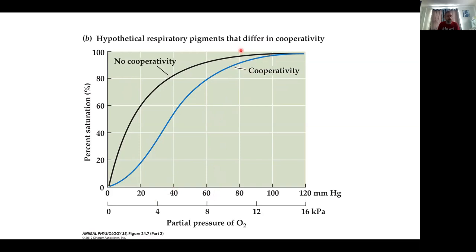So basically, the lack of cooperativity, like we saw in myoglobin, is all or nothing. We're either fully saturated at relatively low partial pressures, or we are completely dissociated. We have no oxygen bound at all. Whereas with cooperativity, we have a little more flexibility in how much we actually drop off.